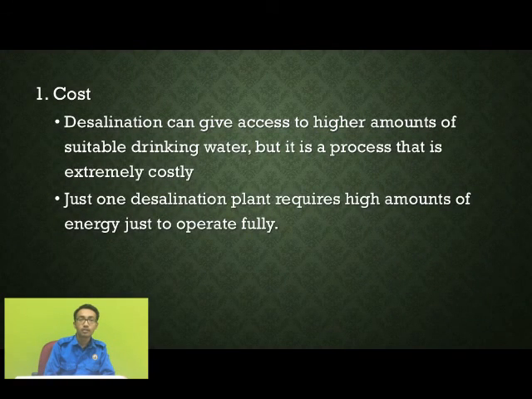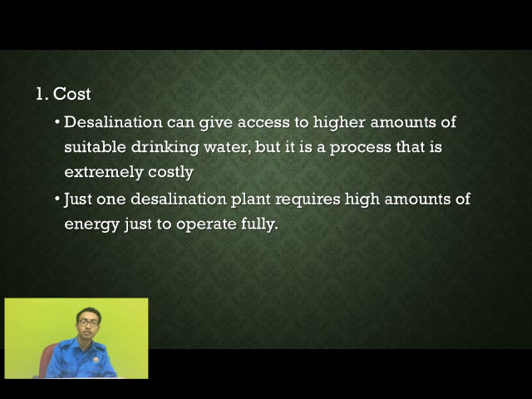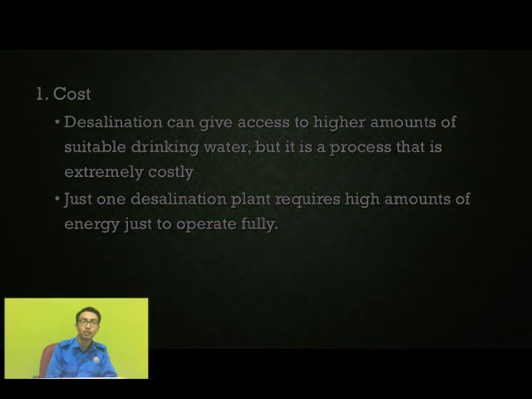Then, for the disadvantages of the desalination process, the first one is the cost. This process is extremely costly. Furthermore, one desalination plant requires a high amount of energy just to fully operate.